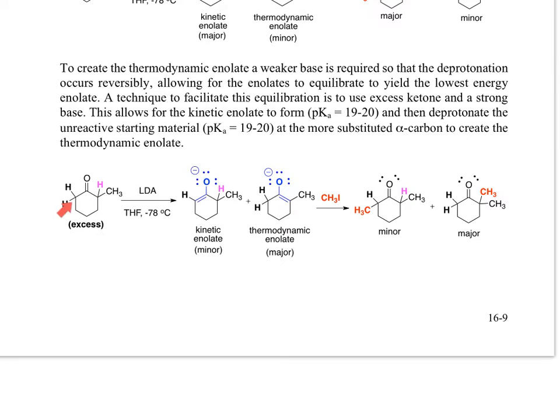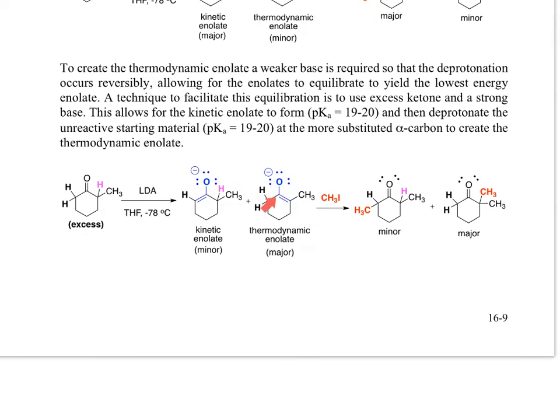of your starting material. And what happens is that of course, you add your LDA, you make both enolates, but this enolate is higher in energy, and it will slowly deprotonate some unreacted starting material at the more substituted carbon. And the reason for that is this is a weaker base, right? This has a pKa of 35.